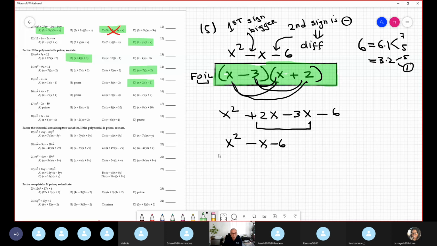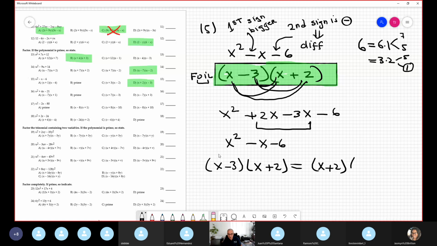You see, some students say, no, professor, it's a different order. I don't care about the order. I know very well that the factorization x minus 3 times x plus 2 is equal to the factorization x plus 2 times x minus 3, because multiplication is completely independent of the order, right?